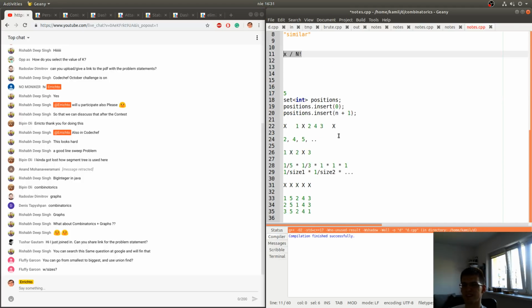Here we computed the probability that a random permutation would be good. So multiplying it by n factorial would give us the number of good permutations.